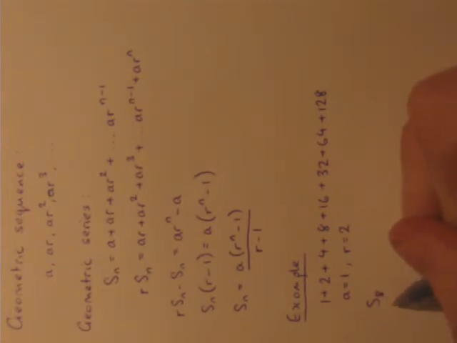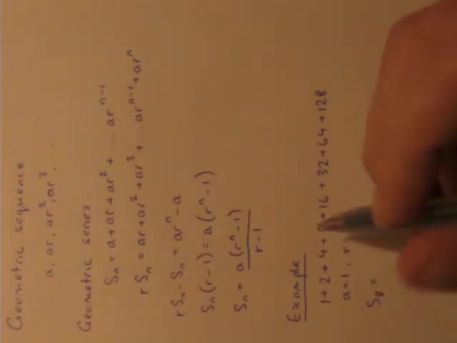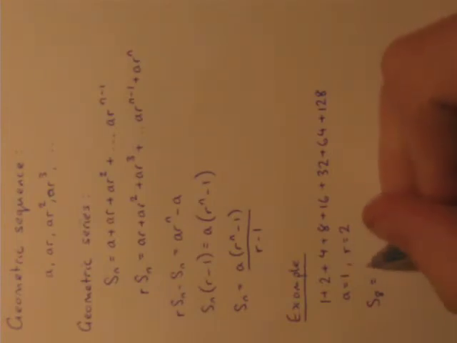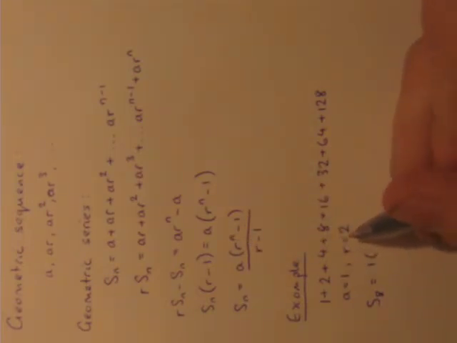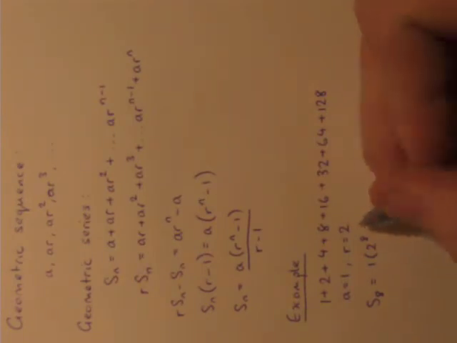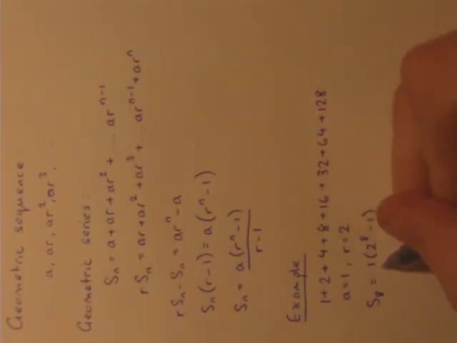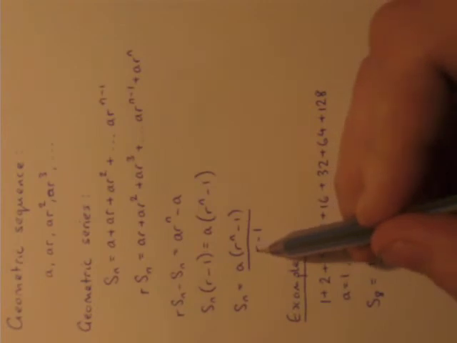So we can say that S8, which is what we'd like in this case because we've got 8 terms, is 1 times r to the n, which in this case is going to be 2 to the 8, minus 1, all divided by r minus 1.